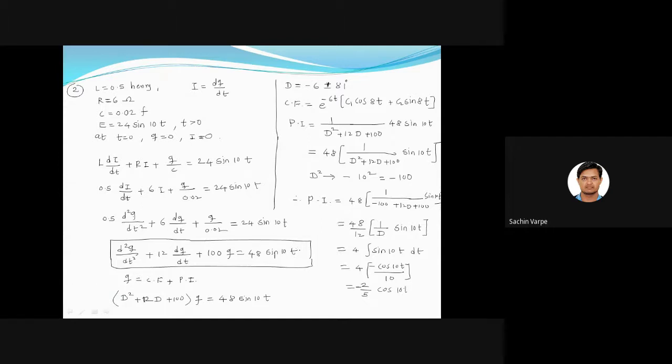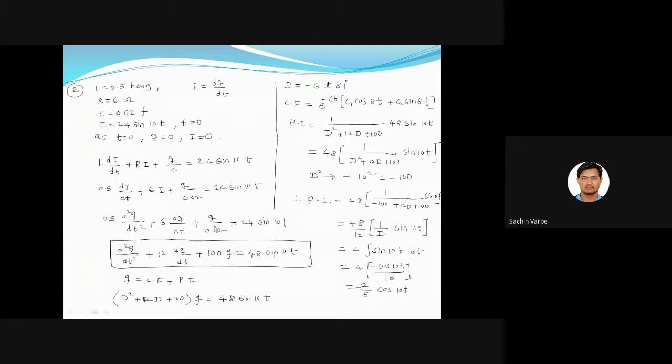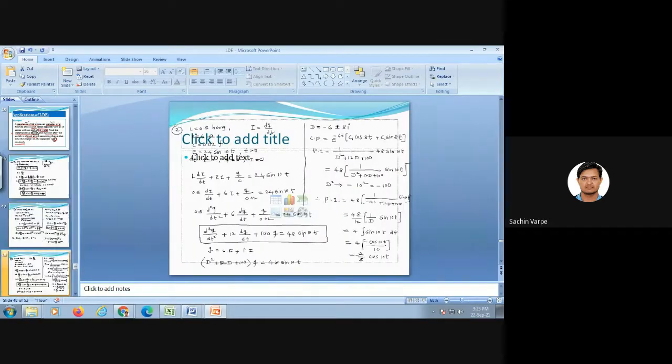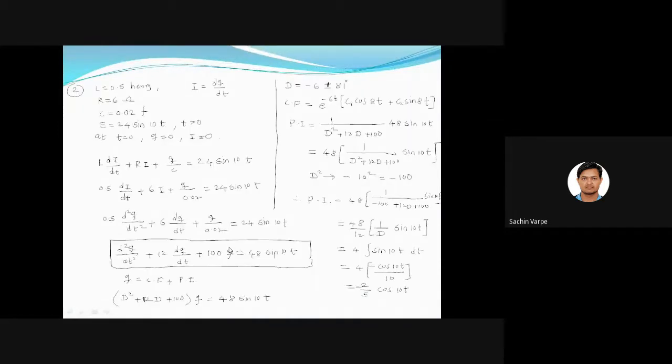So with this, the expression for q is, therefore, CF plus PI.